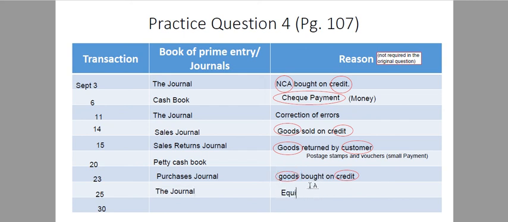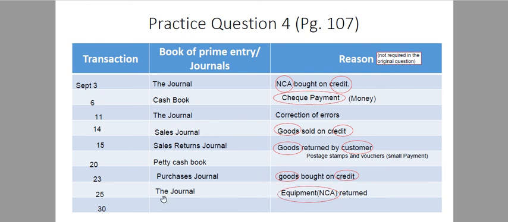So again, equipment, which is in the bracket, will write NCA, so that's your non-current asset, and we have returned it. So equipment is returned. It cannot go in any of the returns journals, so it has to end up in the journal. So we'll circle equipment here because it's a non-current asset.